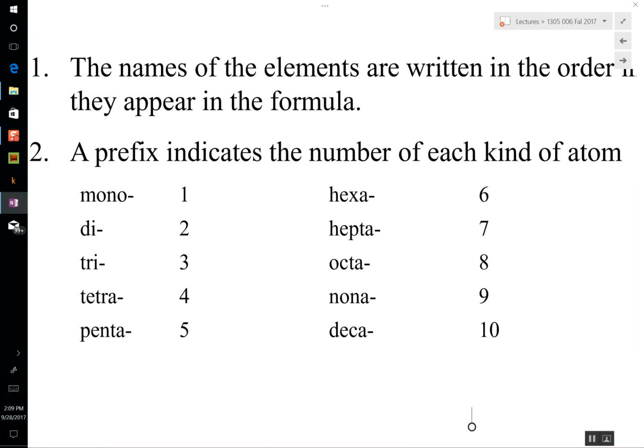Keep in mind, when we do talk about covalent compounds, we are almost simultaneously talking about molecules.